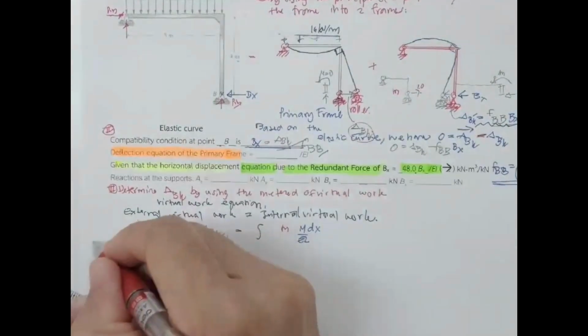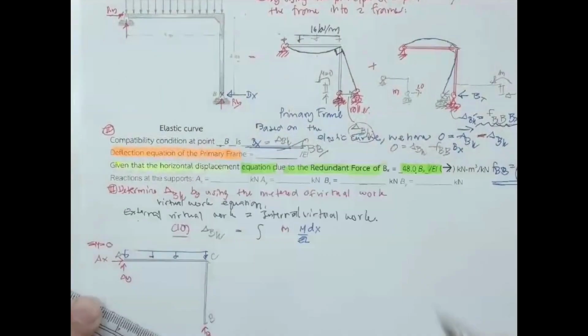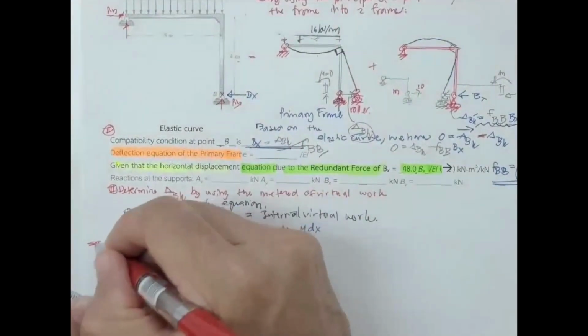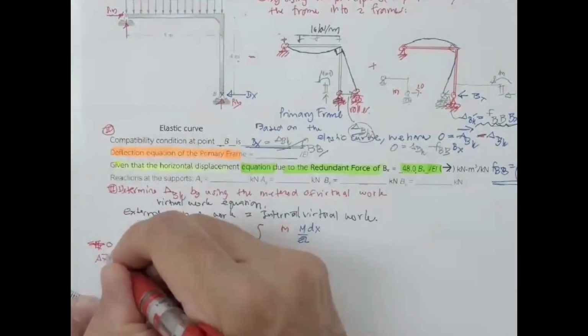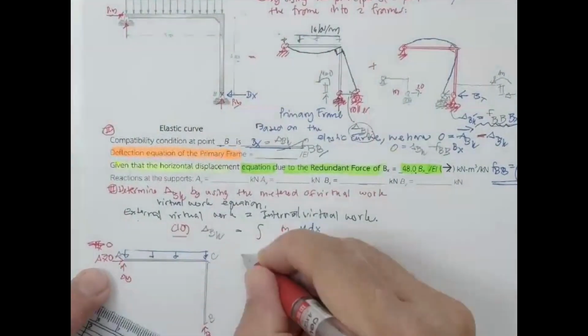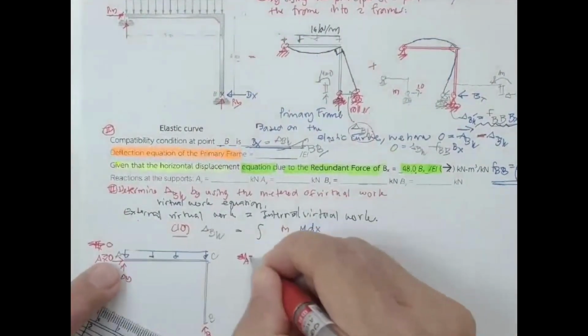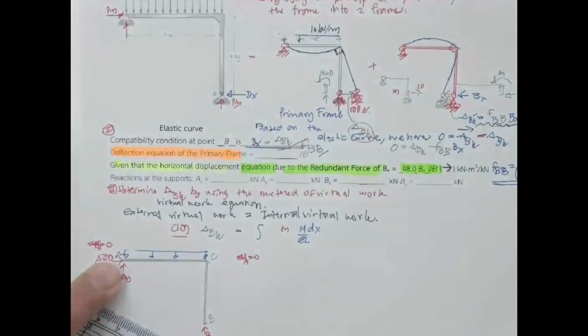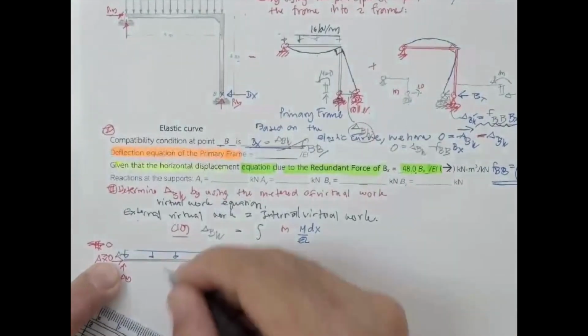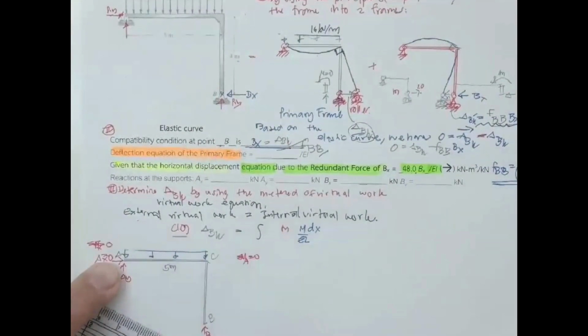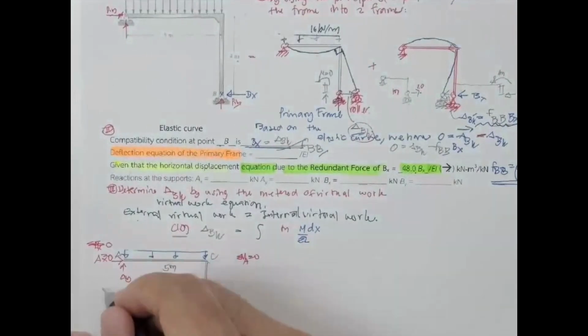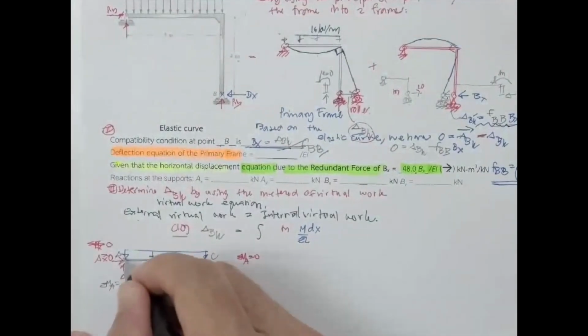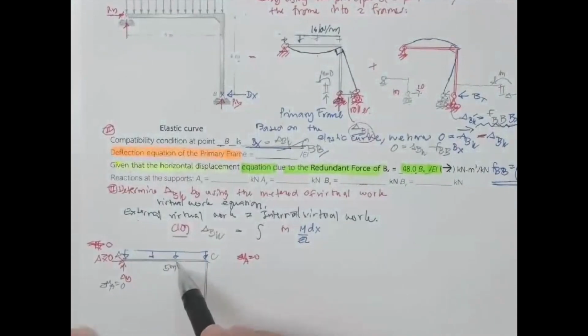So summation of forces F sub X equal to 0 first, so A sub X is going to be 0. Then you do the summation of moments about A equal to 0.